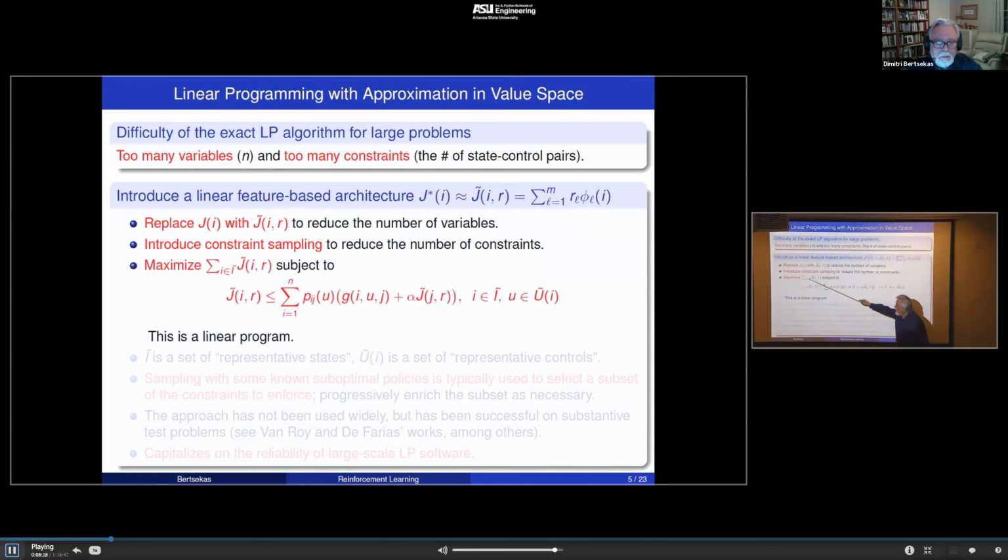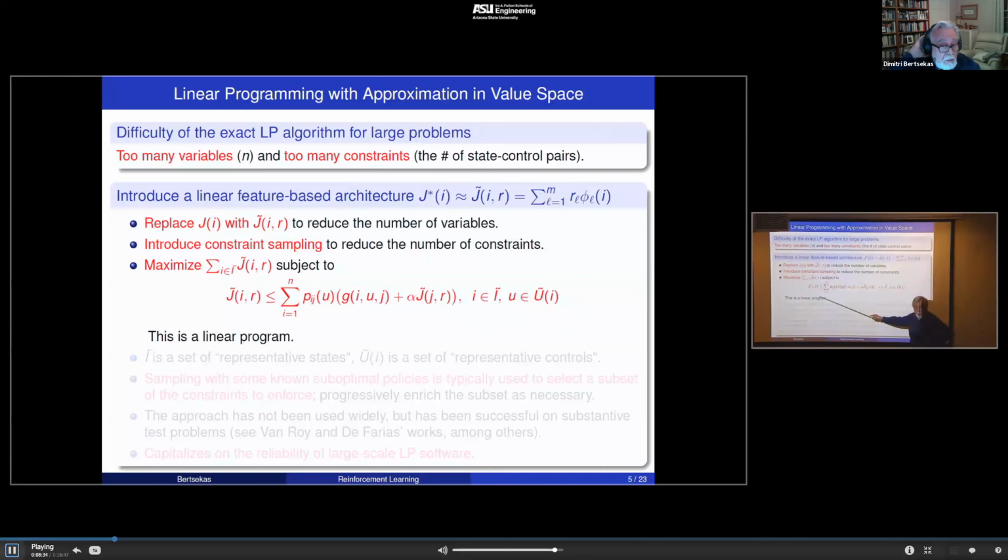We maximize this expression, which is linear, right? Because it's linear in R, because the parametric architecture is linear. And now the constraints become like so.